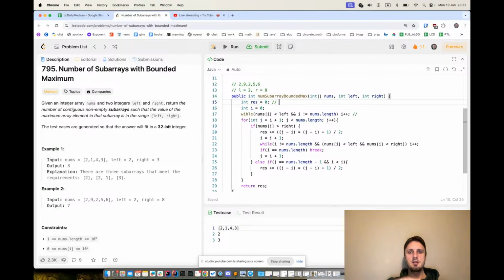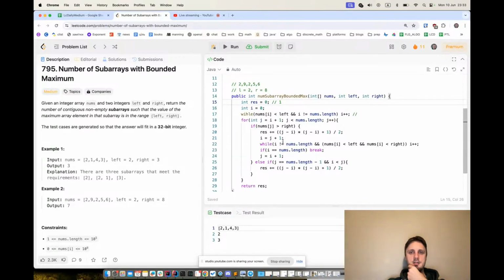Currently my result would be j minus i, so it would be 1, multiplied by 1 plus 1, which is 2, and divided by 2, 1. So the result would be 1.